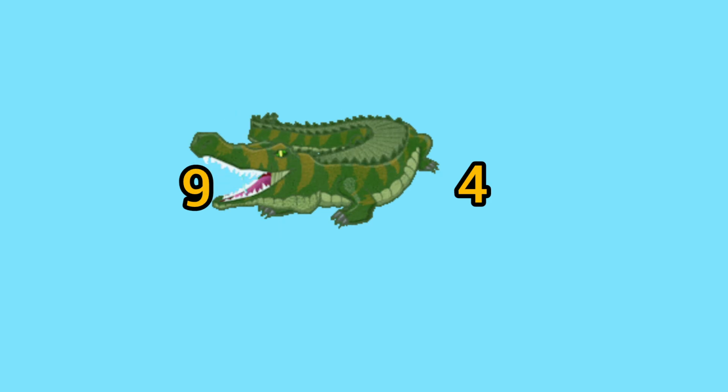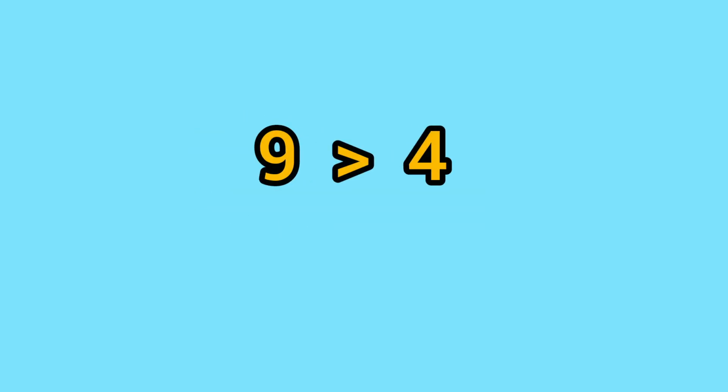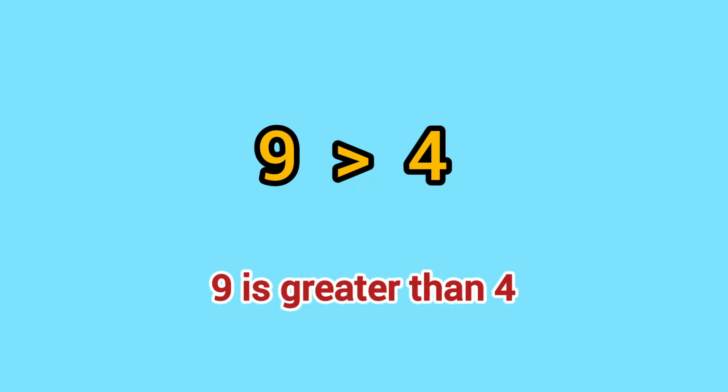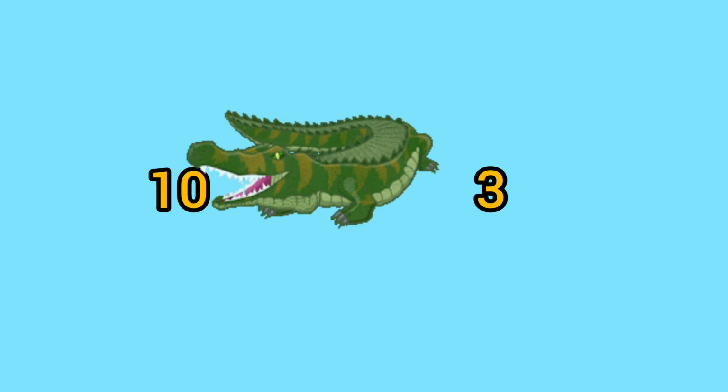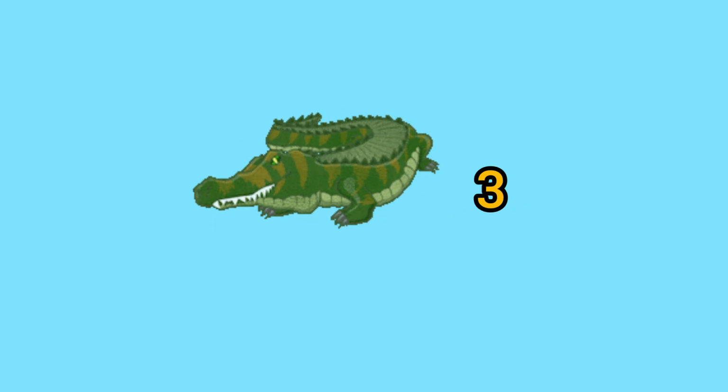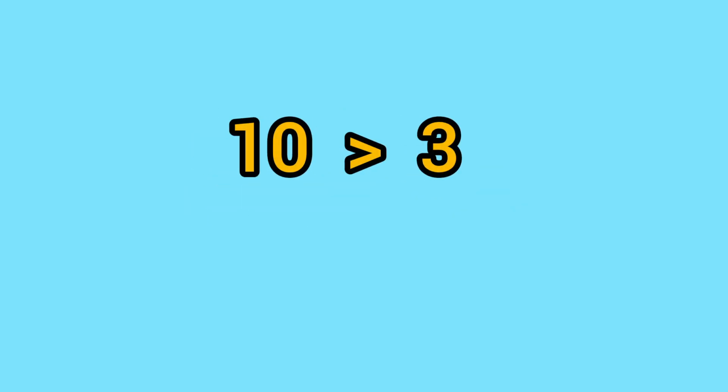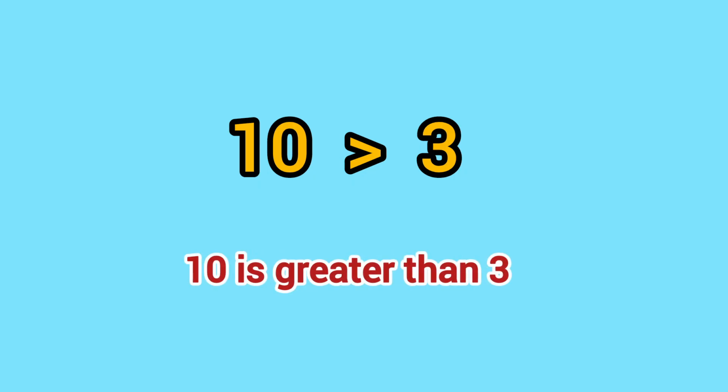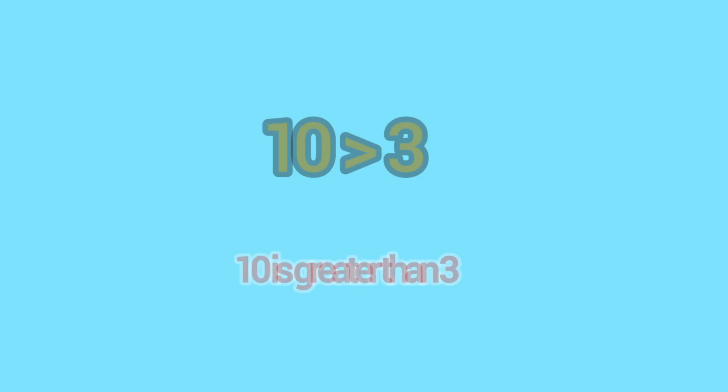9, 4. Which number will the crocodile eat? The crocodile eats 9 because 9 is greater than 4. 10, 3. Which number will the crocodile eat? Crocodile eats 10 because 10 is greater than 3. 60, 90.